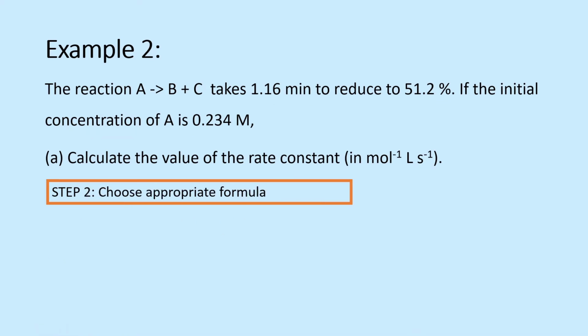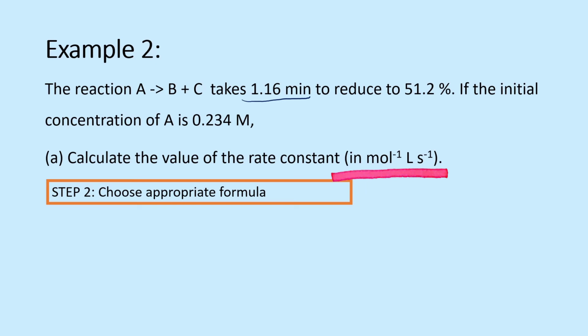Step number two is to choose an appropriate formula to do the calculation. This question involves time, so that means we must use the integrated rate law equation. But which order integrated rate law equation must be used? In this question, although we are not given the order of the reaction explicitly, we are given the unit for the rate constant, which is per mole liter per second.